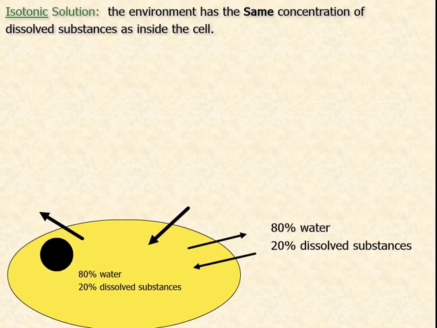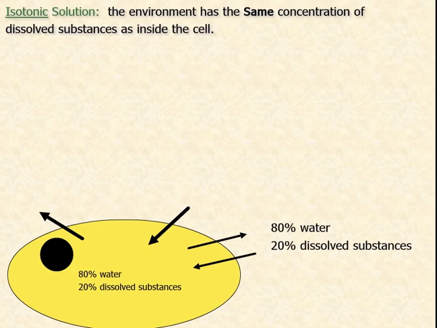The first kind of solution is called an isotonic solution. Iso means same. If you remember, an isosceles triangle has two sides that are the same. So an isotonic solution has an environment that has the same concentration of dissolved substances as inside the cell. So if you look outside the cell, it says 80% water and 20% dissolved substances. That's the water concentration, 80% water.